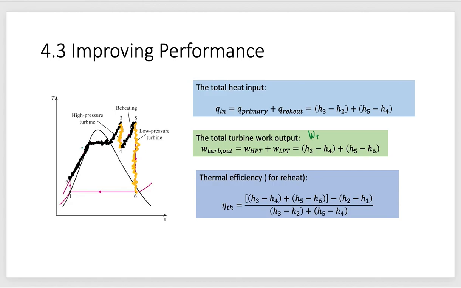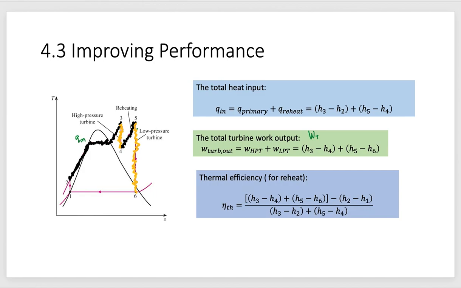Okay, so now we concentrate on state 2, state 3, state 4, state 5, and state 6. State 2 to 3 is constant pressure heat addition. Since this is a reheat Rankine cycle, we call this heat addition process Q primary. So this is Q primary, H3 minus H2.